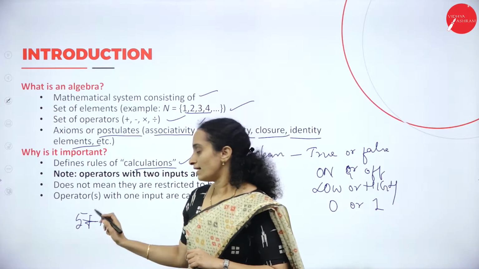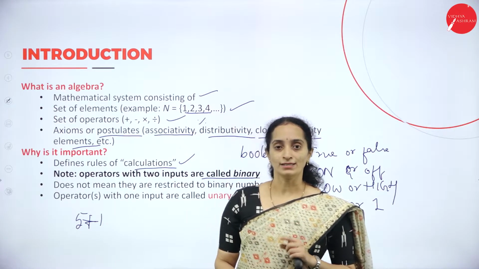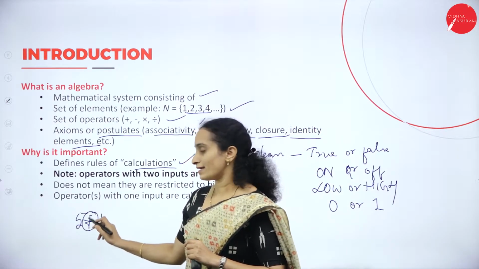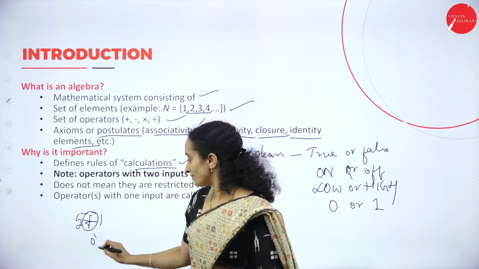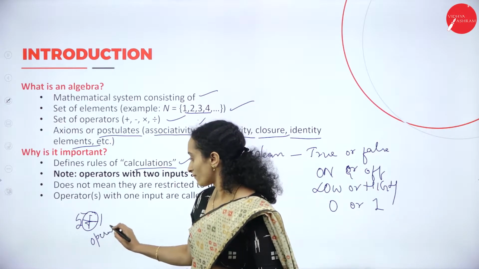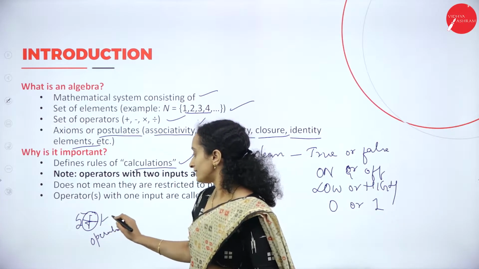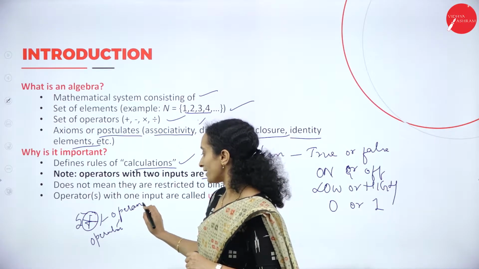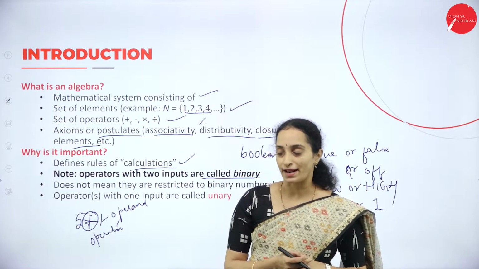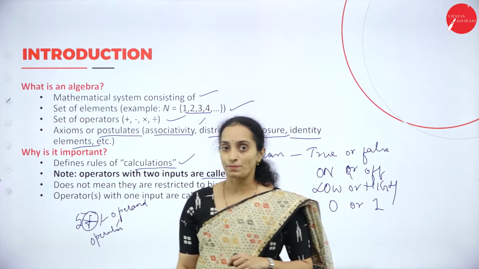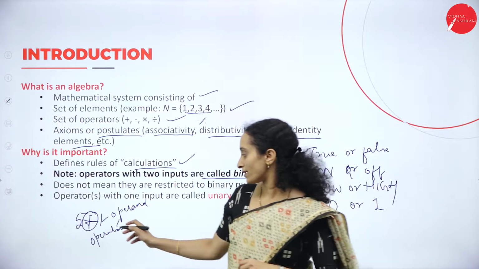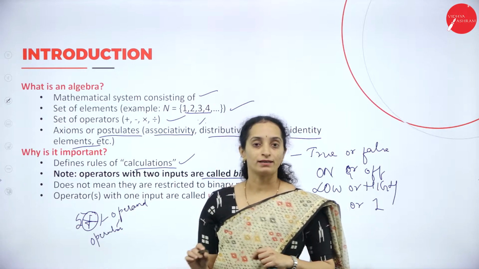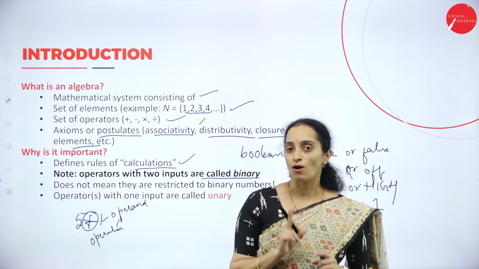You need another operand to perform an addition. This is an operator and this is called the operand. That which gets operated on is called the operand, and that which operates on these operands is called the operator. Okay, plus is an operator which needs two operands.